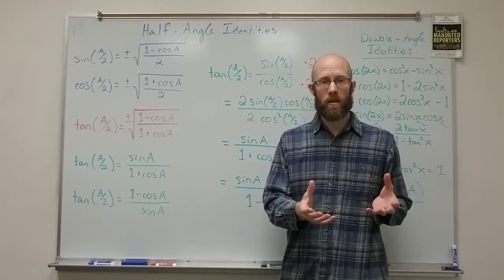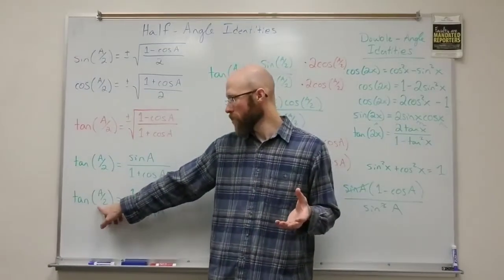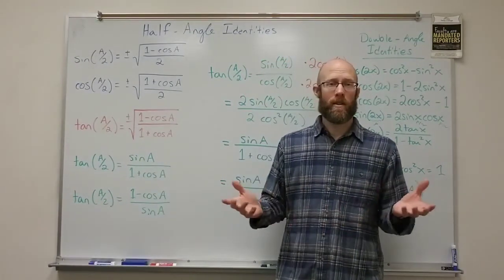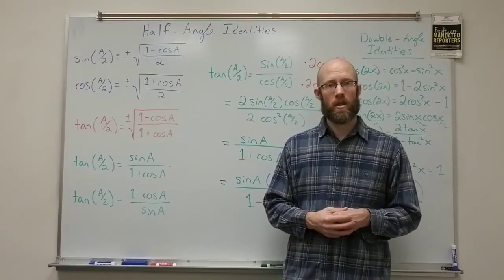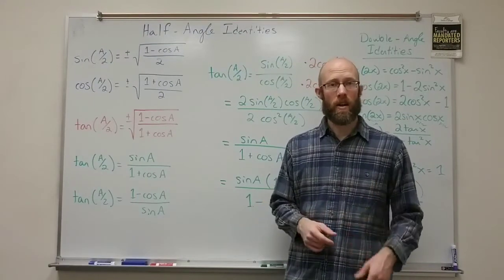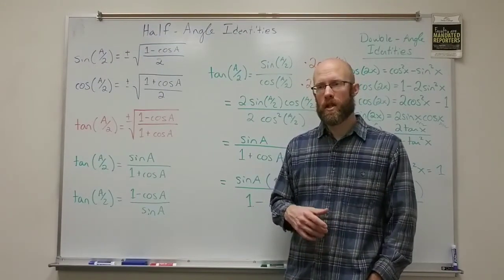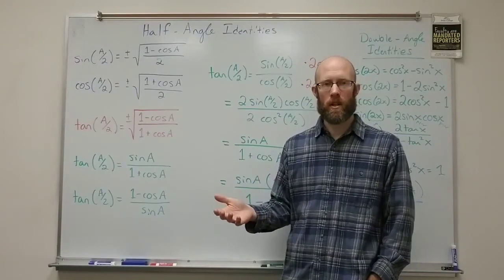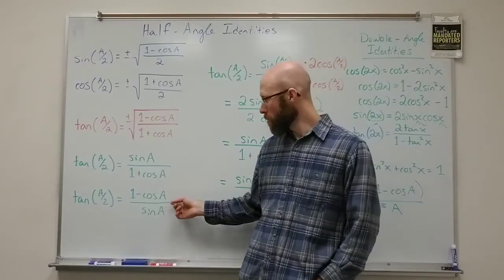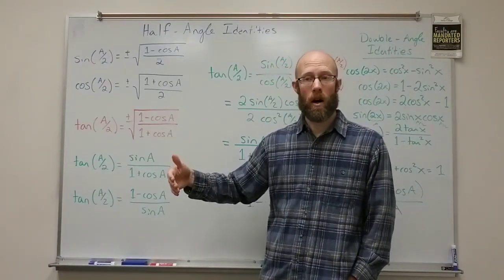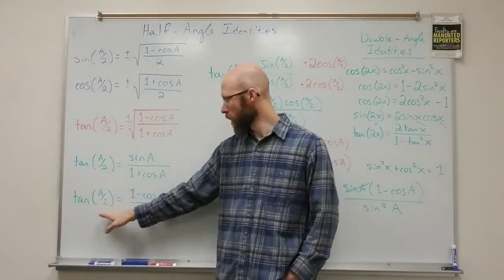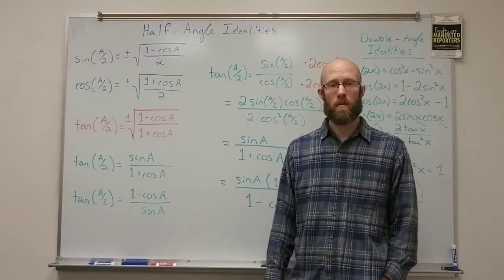If we know one angle, 15, you can then find trig values for half that angle, which allows us now to find a whole slew of other angles that we haven't been able to identify exact values for yet. Okay, so we've seen the sine of 15 degrees, the tangent of 15 degrees when we did our sum and difference formulas, but now we're going to be able to find even more angles. Chop that in half, and you'll be able to find more expressions for those angles based upon these formulas.